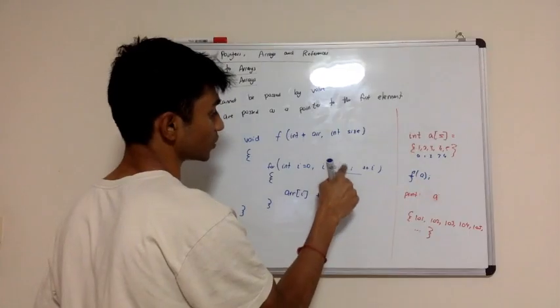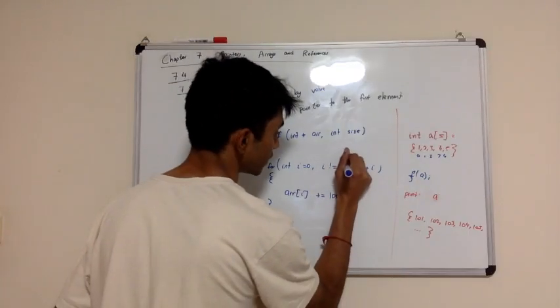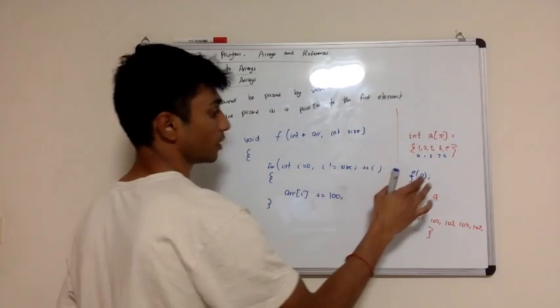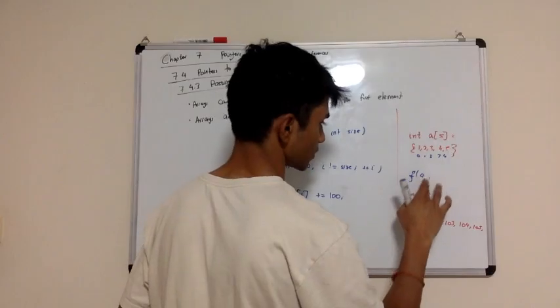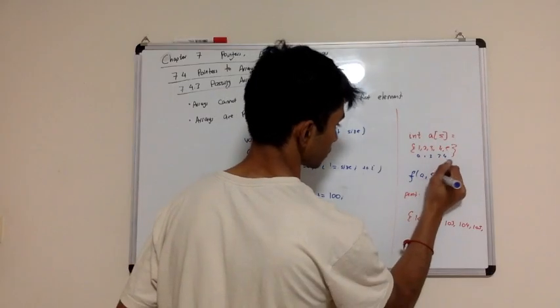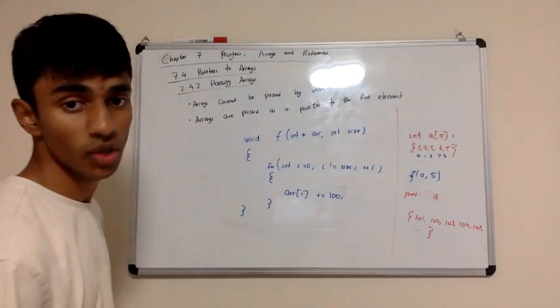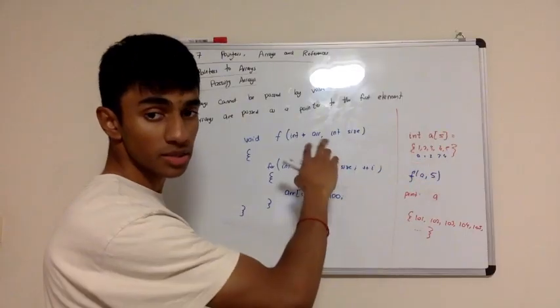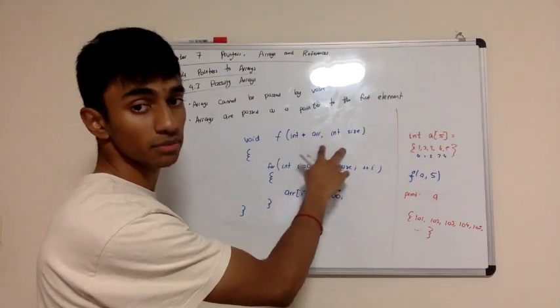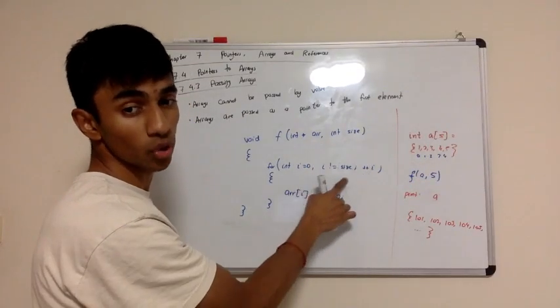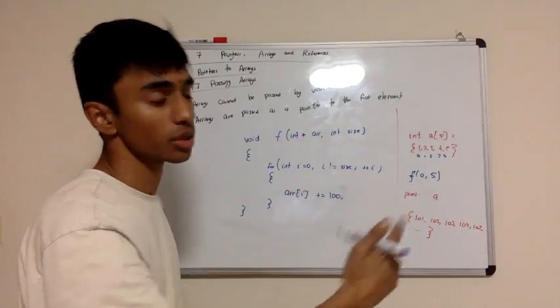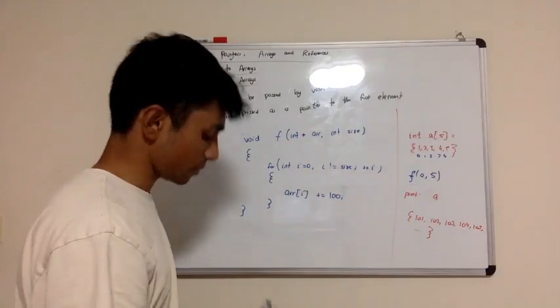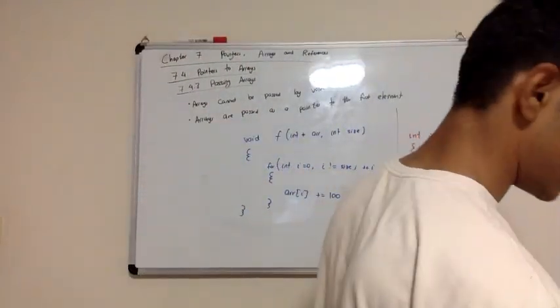And instead of i less than or equal to 10, we'd say i less than or equal to size. And instead of just a, we would pass 5 in this case. So for single one-dimensional arrays, we still pass in the pointer, but we also give a size variable so that we know how many elements we're allowed to go across before we reach out of bounds. Now, the slightly more interesting case is looking at 2D arrays.